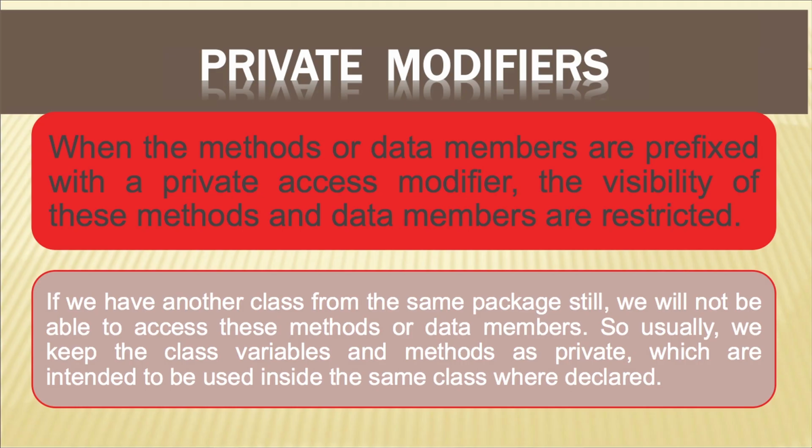So how is it restricted? If we have another class from the same package, still we will not be able to access these methods or data members. Means these private variables, name, email and age, we can use in the same class, but we cannot use them in another class. This is written in the first statement of the second paragraph.